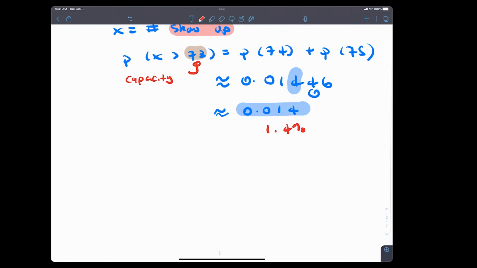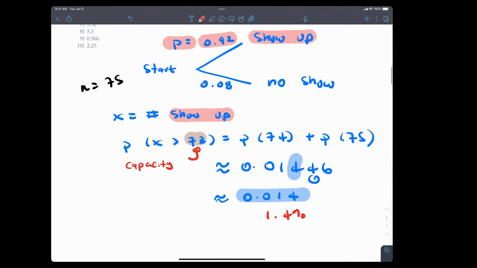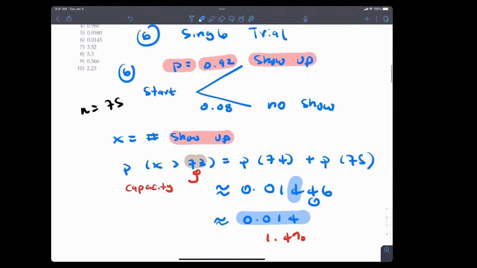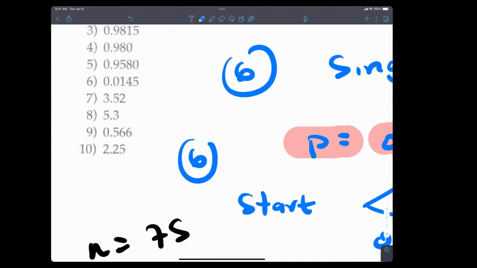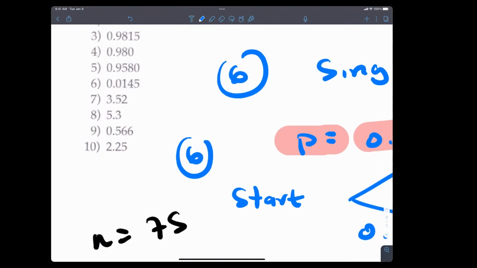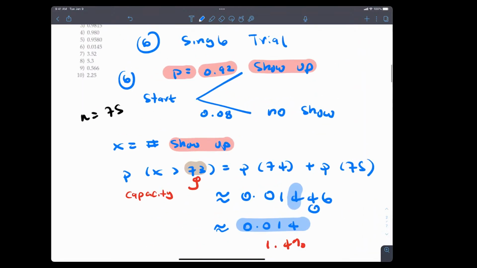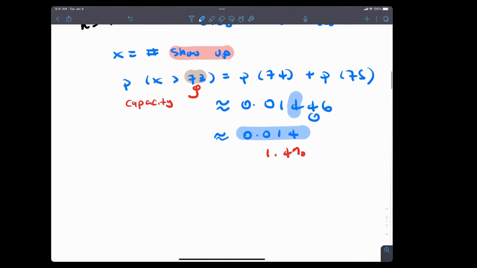Okay. So let's think about this. Take a look. This is number 6. And number 6, by the way, if we look at this, it looks like they went to a more accurate place value, the 10,000ths. Look at the digit to the right.